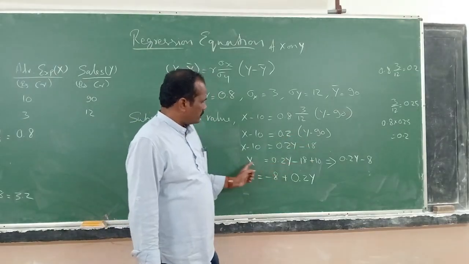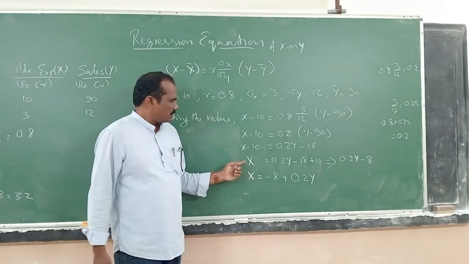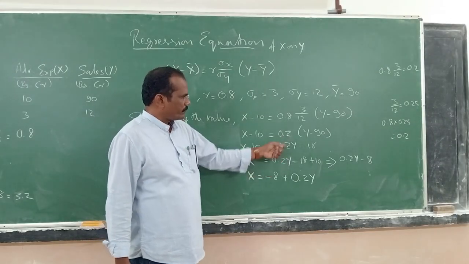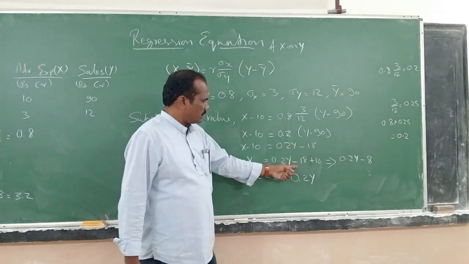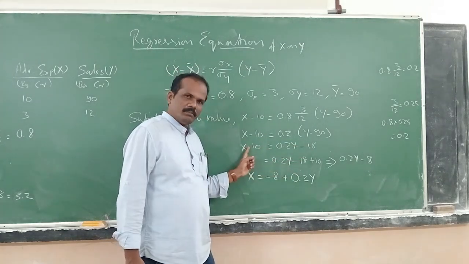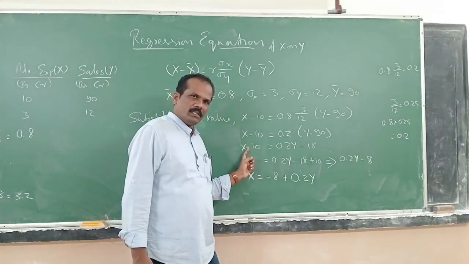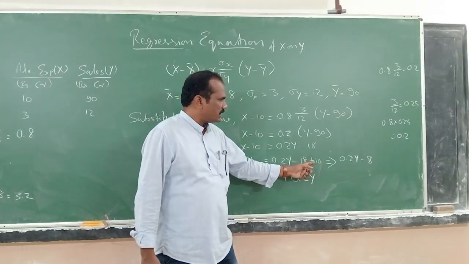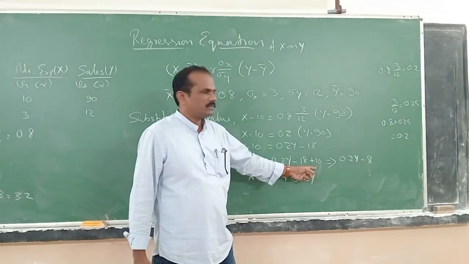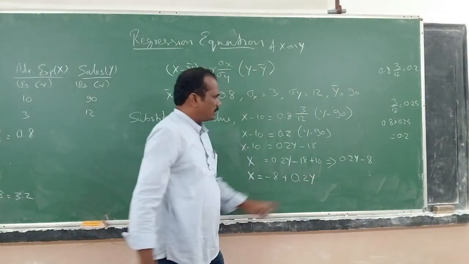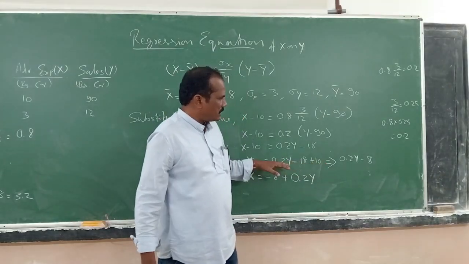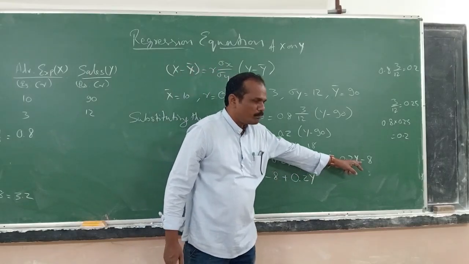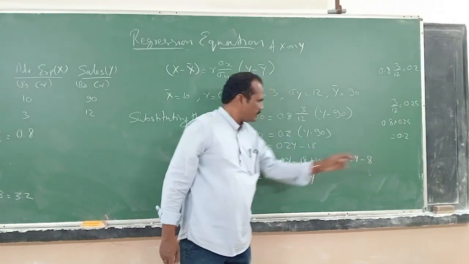And here, can you see this one, dear students? x is equal to 0.2y, and the minus sign is here, and this minus 10, when we take it back to the left hand side, will change into plus 10, right?